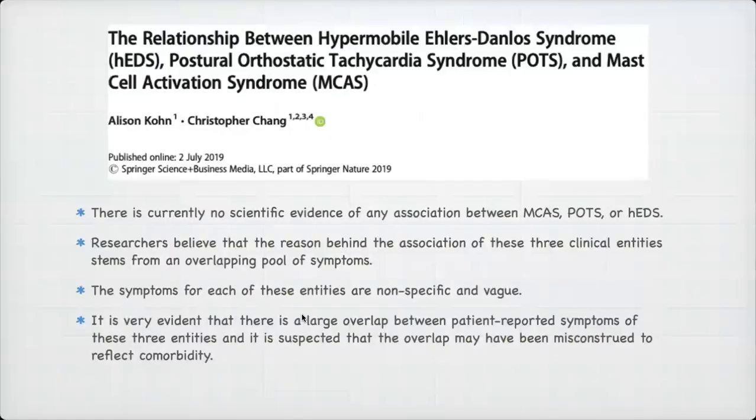And so this study looked at the relationship with all these conditions, and they found that there's no current scientific evidence of any association between the three. Researchers believe that the reason behind the association of these three clinical entities stems from an overlapping pool of symptoms. And most of the symptoms are non-specific and vague. So it is very evident that there's a large overlap between the patient-reported symptoms, but they suspect that the overlap may have been misconstrued to reflect comorbidity.